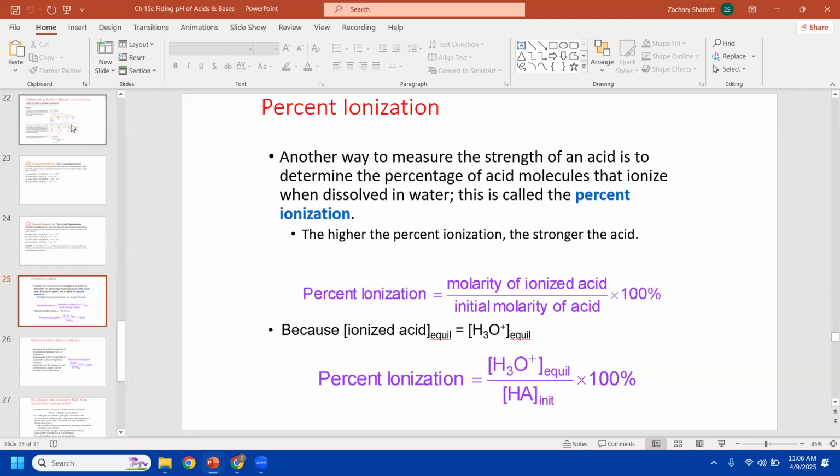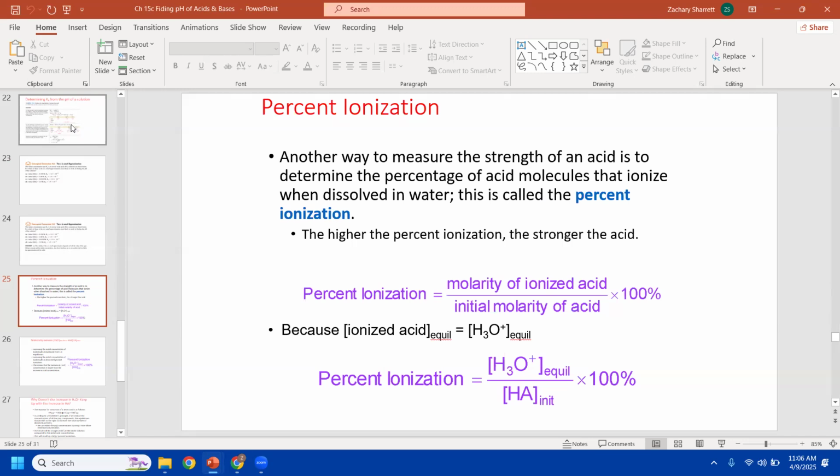Now, another thing that we can think about is how much an acid ionizes, okay? So with strong acids, we get 100% dissociation, right? That means that whatever the molarity is of the acid, that's the molarity of the H plus. So we're only really going to look at percent ionization for weak acids, right?